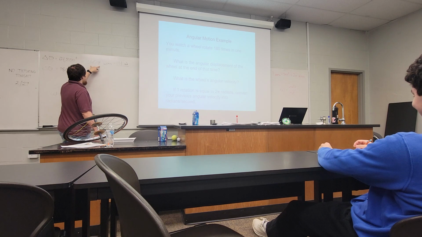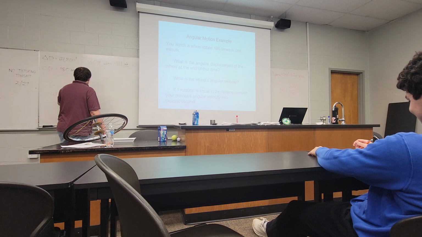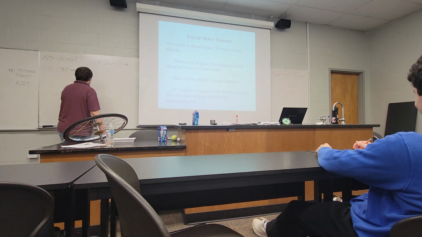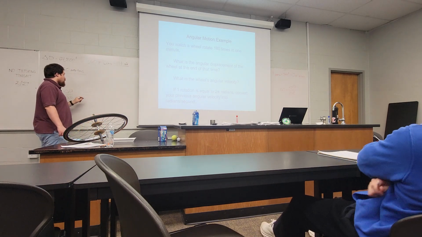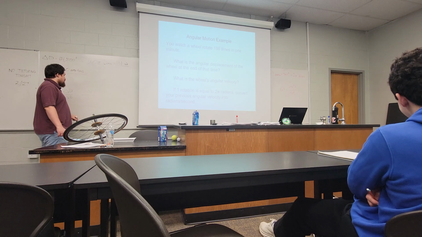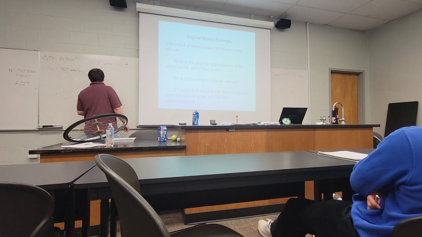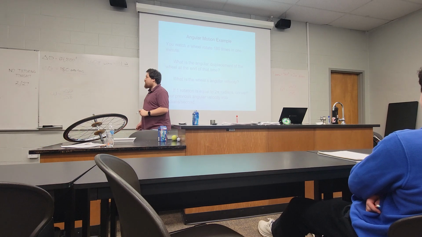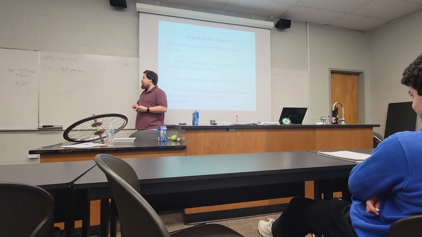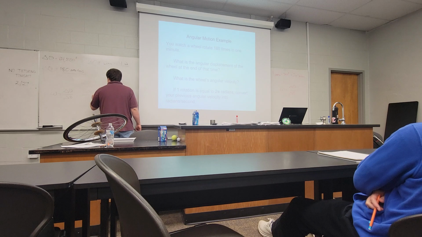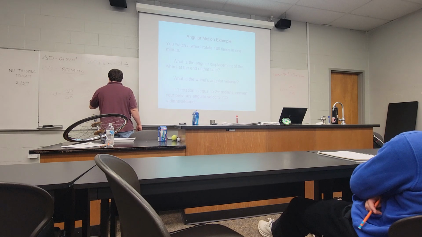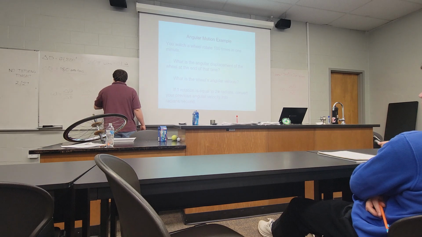As discussed, 360 pi is a correct way of writing this delta theta. And since it's spinning for 1 minute, that would be 60 seconds. So 360 times pi radians over 60 seconds would give us 6 pi radians per second.